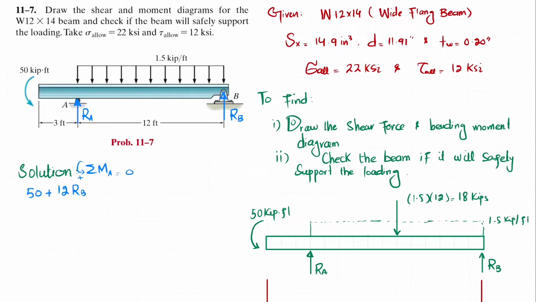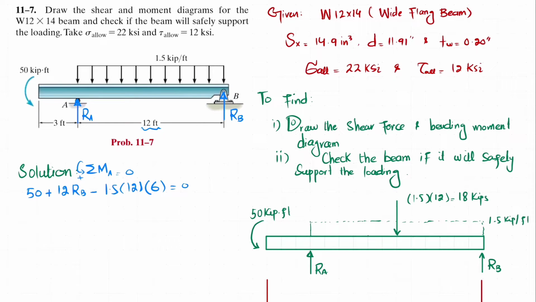The third moment: if we convert this distributed load into a point load, it will be 1.5 times the length, which is 12 feet, and this will act at a distance of 6 feet, that is 12 by 2, and this will be a clockwise moment. So this moment is minus 1.5 times the total length over which it acts, 12 feet, and the perpendicular distance is 6.